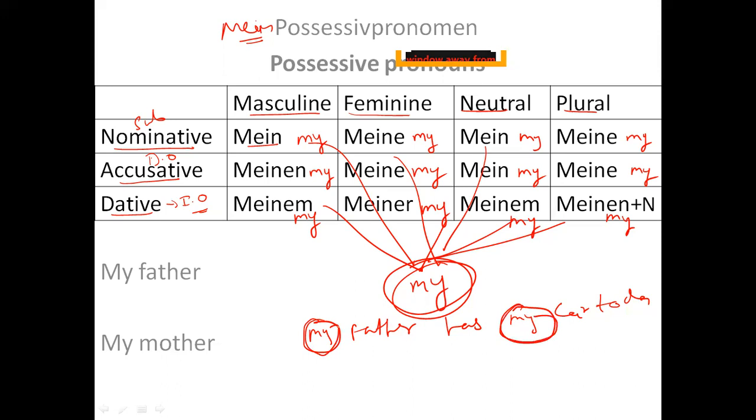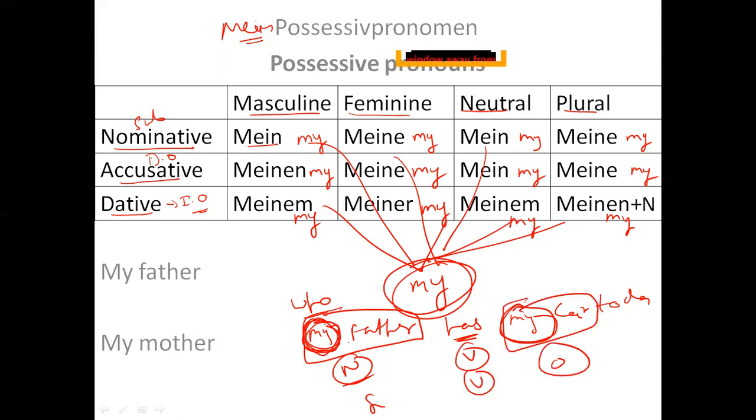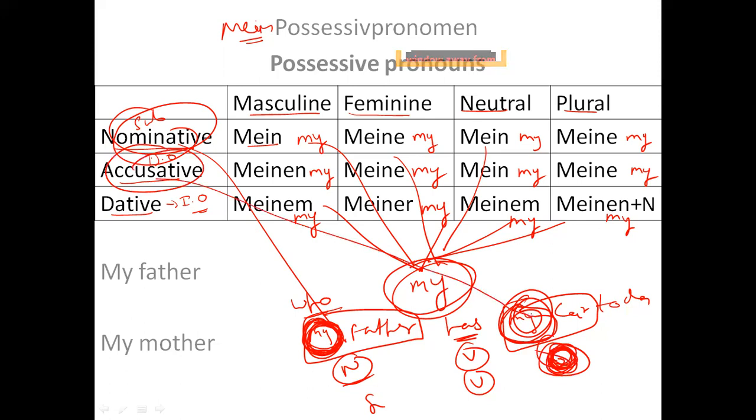So I need to analyze whether I am using it in place of a subject or an object. Who has my car? My father. Who is the doer? So this is the subject, that means nominative. Now, has is the verb, and my car is an object, right? So this my, I'll be using from this table. And this my, because it is a direct object, I'll be using from this table, right?